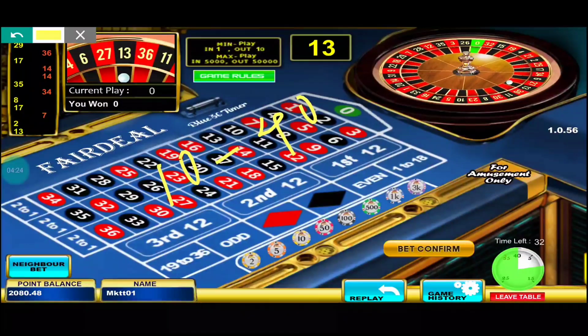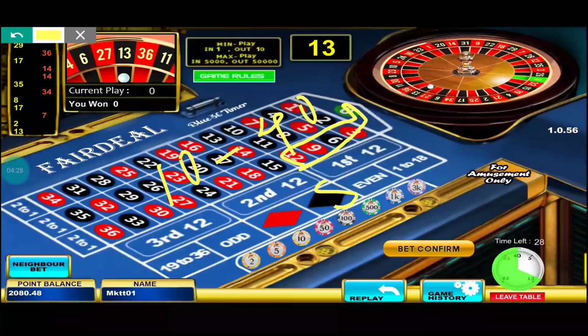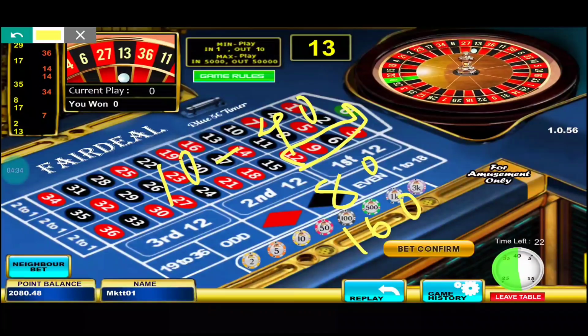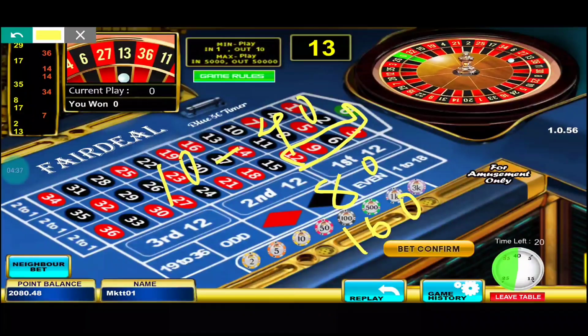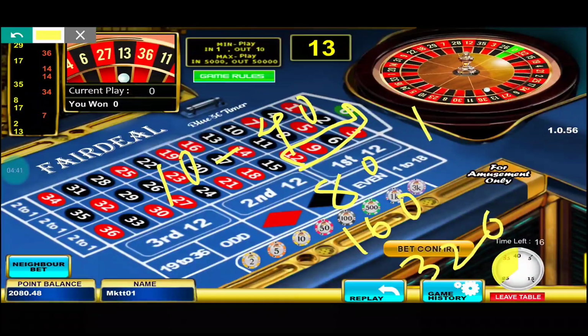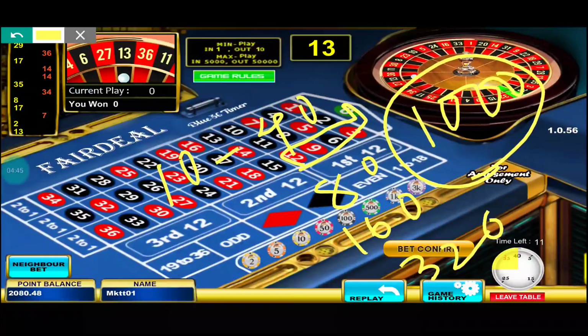And if you lose at these 5 numbers, then your next bet should be $80. If you lose again, then it's $160. Similarly, our next bet should be $320. So I think $1,000 should be the ideal bankroll to use this strategy with $10 basic bets.